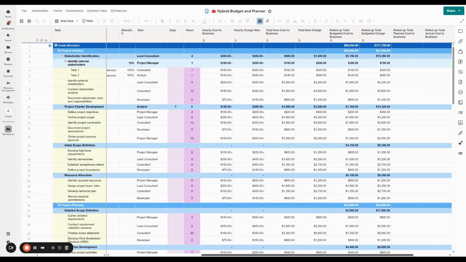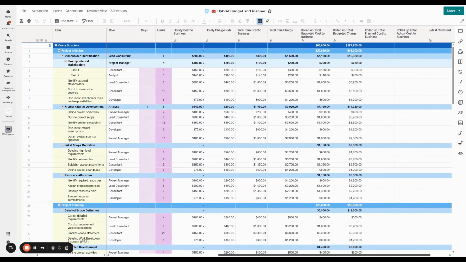But you can slide across to here, and in the early part of the project, you can build out your whole estimate. So this is the same information that was on that previous sheet that I was showing. So as you're building out the work breakdown structure, you can say what type of person is going to be doing it. You don't need to know who it's going to be, and the estimate, and so on and so forth.